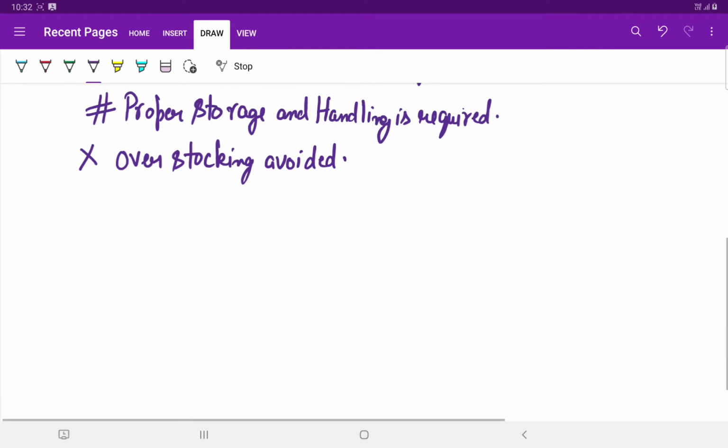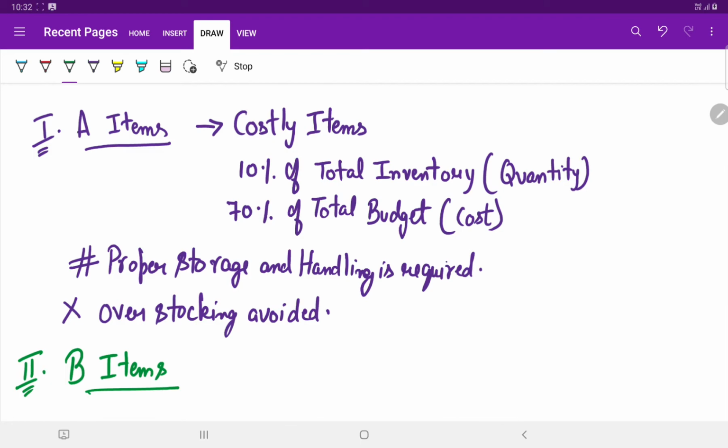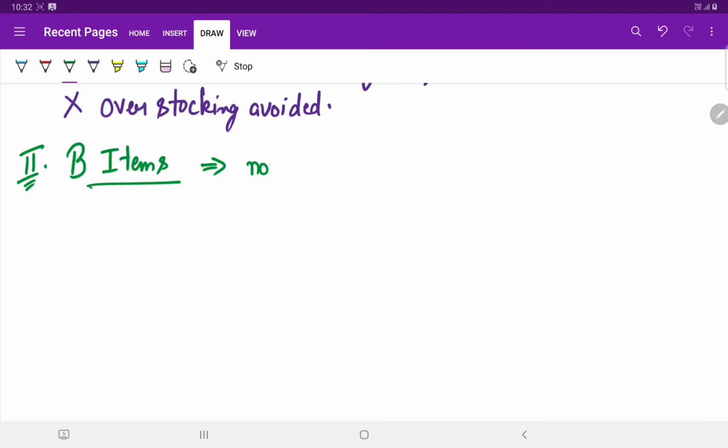Now, what are the B items? The next classification, that are B items. Just see here, the A items were the costly items. So these come under the group which are neither costly nor cheap. These are intermediate cost items.